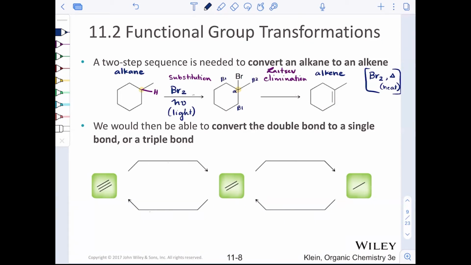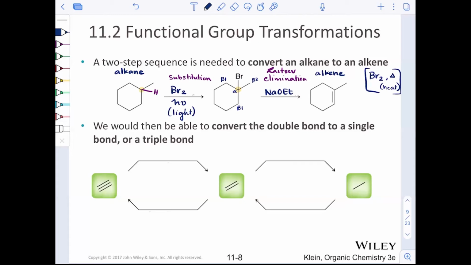This is also a beta 1, same one because of symmetry. If we're choosing the secondary carbon, beta 1, the one that has 2 other carbon groups, versus beta 2, which is a primary, sodium ethoxide is a great one to remember. All right.